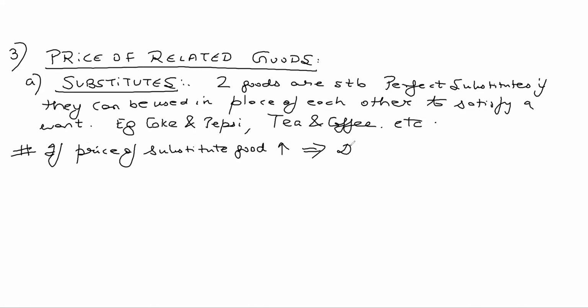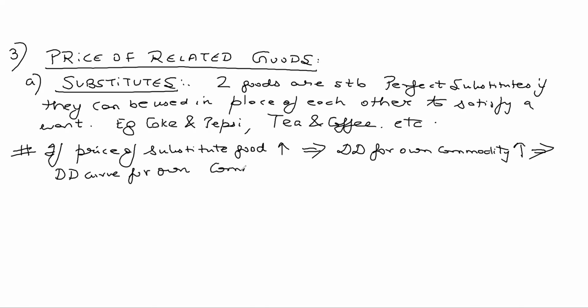So I can say demand for own commodity goes up, which implies the demand curve for own commodity shifts to the right.